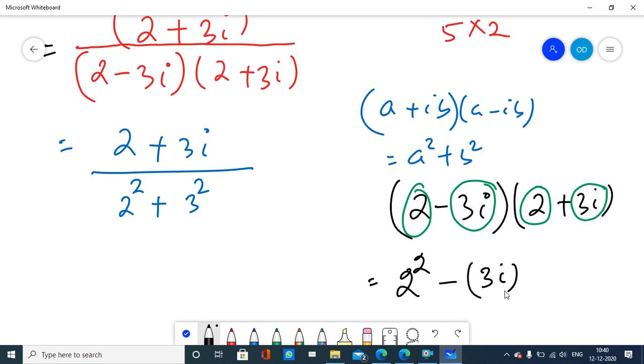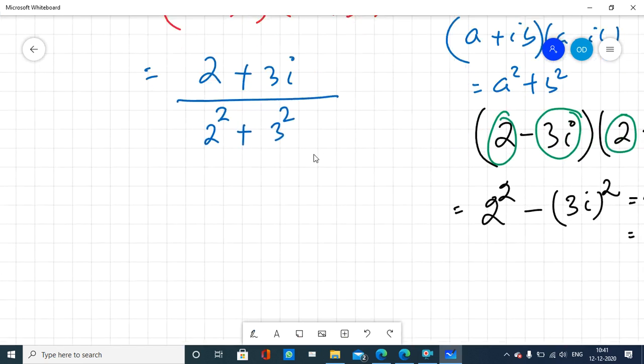That is 2 squared minus 3i squared, where x is 2 and y is 3i. 2 squared is 4, minus 3 squared is 9, and i squared is what? Minus 1. So this is 4 minus minus 9, which is 4 plus 9. We have also written the same, 4 plus 9. So anyway you can do this. Got my point so far?